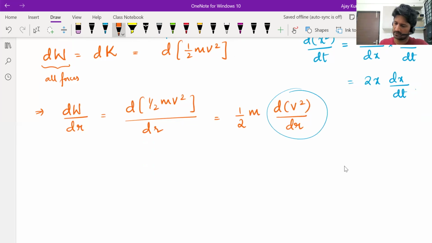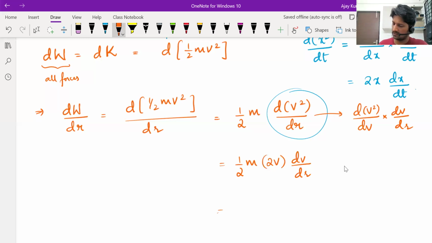So that becomes half m, v square derivative, or dv square by dr, can be written as d of v square by dv multiplied with dv by dr. So derivative of v square is 2v and dv by dr. Okay, 2's get cancelled. You will be left with m into v dv by dr.